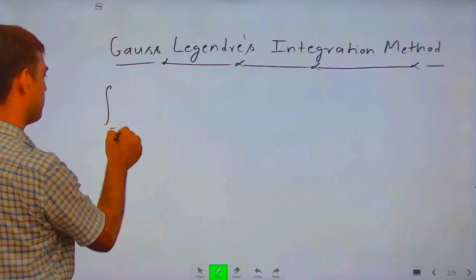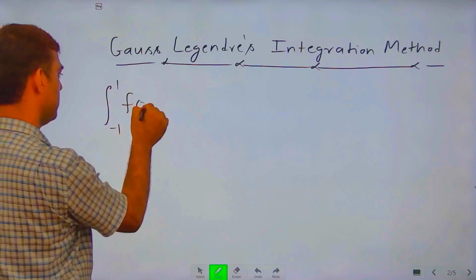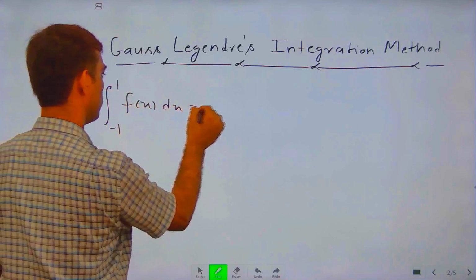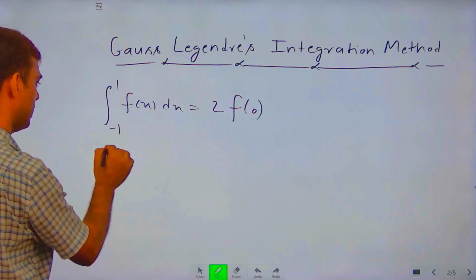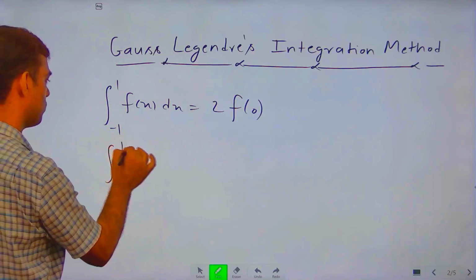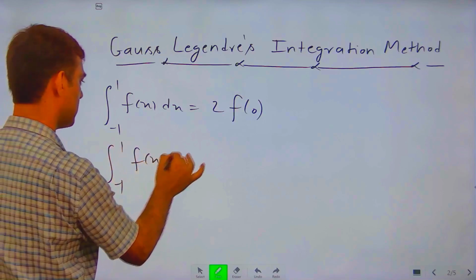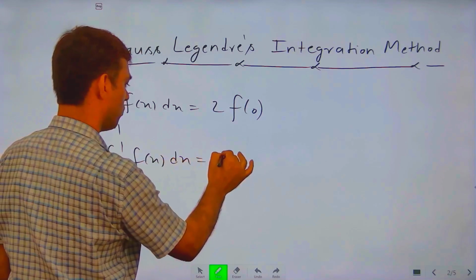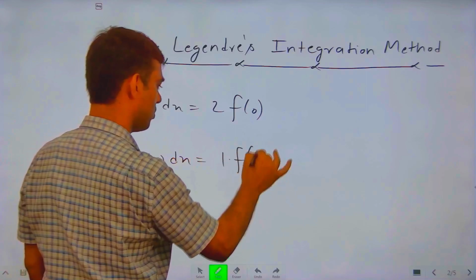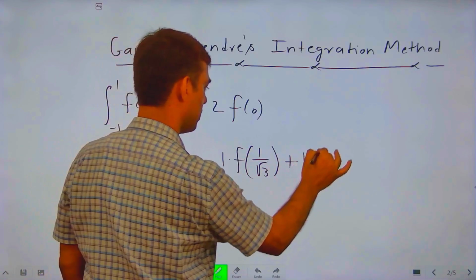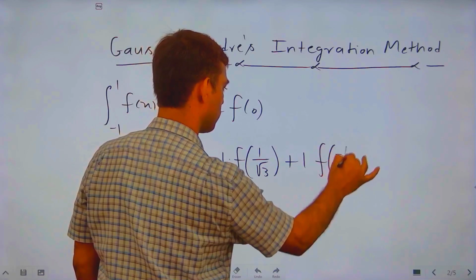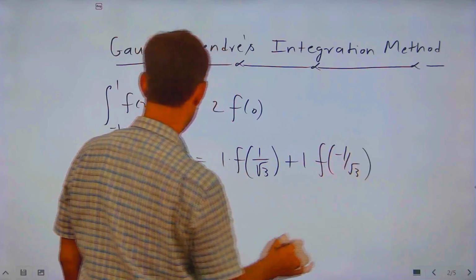The integral from minus 1 to 1 of f(x) dx equals 2 times f of 0. The 2-point formula: the integral from minus 1 to 1 of f(x) dx equals 1 times f of 1 upon under root 3 plus 1 times f of minus 1 upon under root 3.